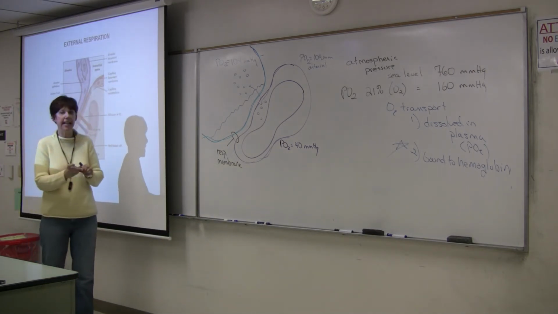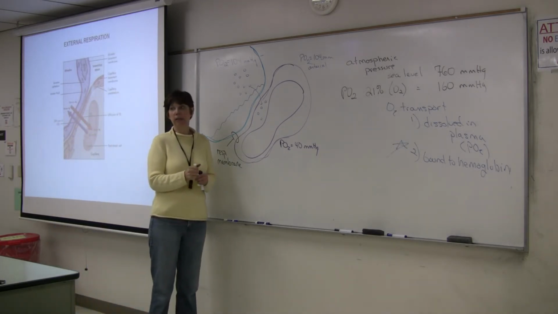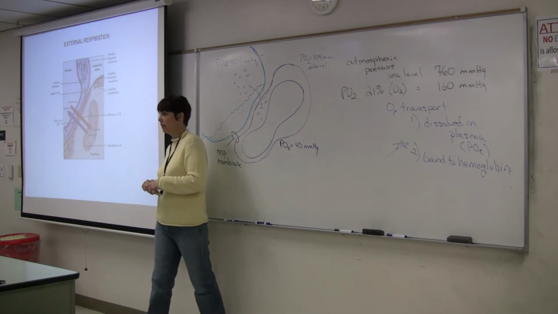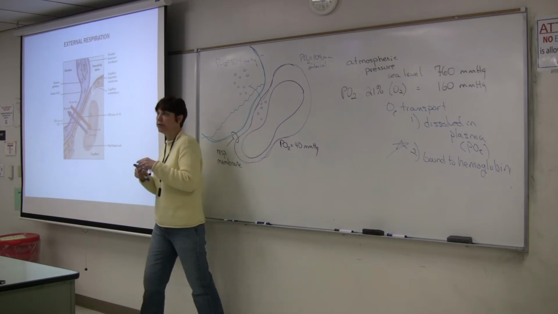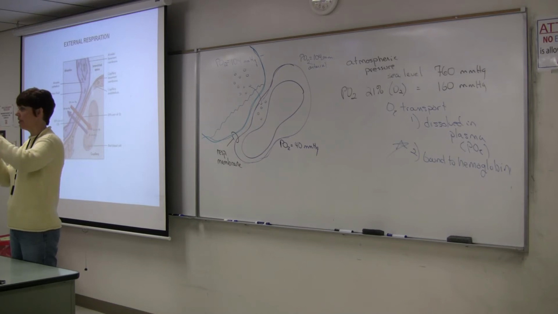Okay? So let's take a look at that. Hemoglobin, remember, is made up of 2 chains. We didn't talk a lot about them, but we have alpha and beta chains. And those 2 chains create a molecule that kind of shifts back and forth in shape, depending on whether oxygen is bound to them.